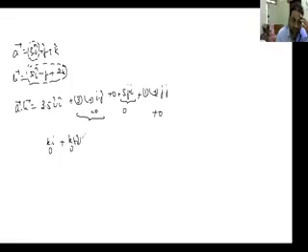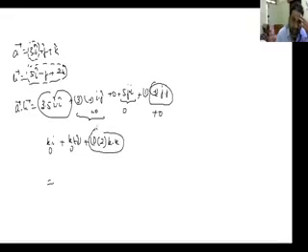Now see, if there are two non-zero vectors, the dot product A dot B equals mod A mod B cos theta. What is the meaning of a non-zero vector?